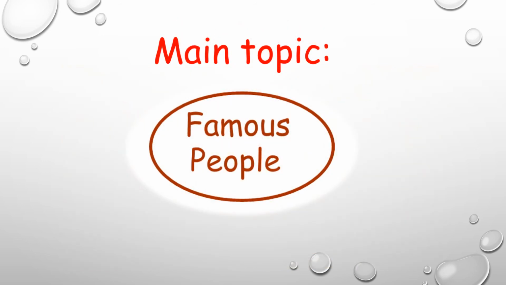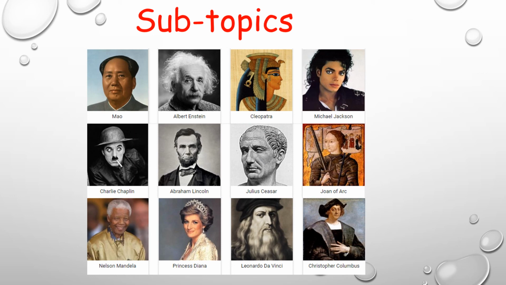And the last one in this section was famous people as your main topic. I wonder what famous people's names did you come up with for your subtopics? Here are some famous people that Mrs. Buddan chose from the past, and some of these you may not have heard of and some you may have heard of.